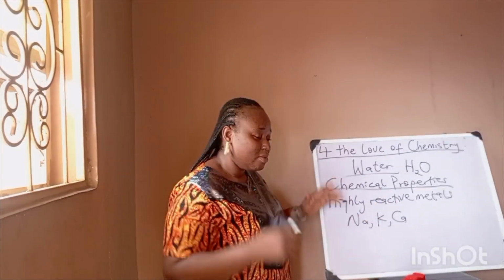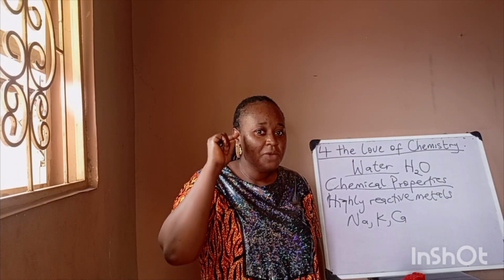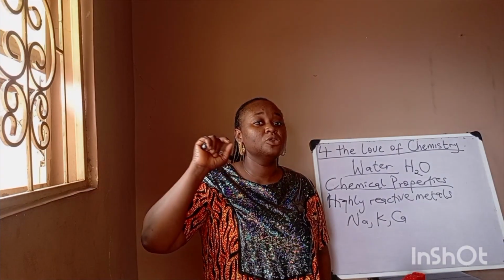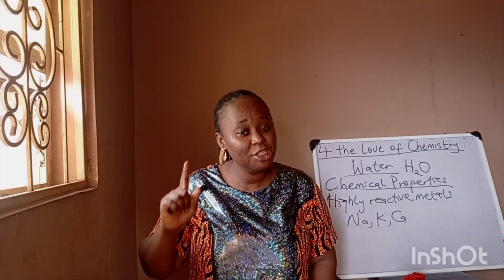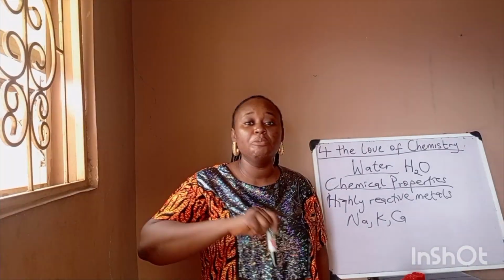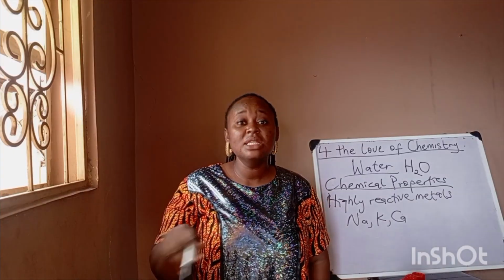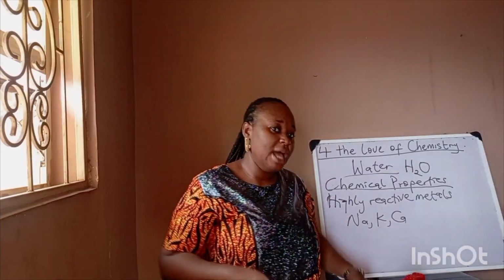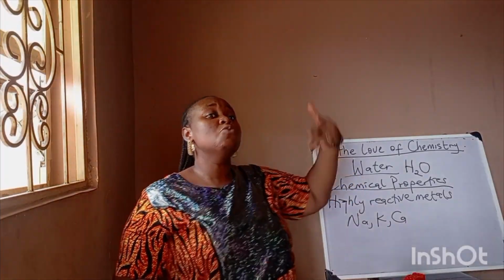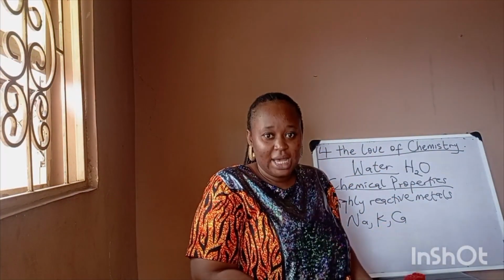Okay, so now I want to give you the trick. First, remember when I was talking about writing of equations, I said that the reactants and the products are the same elements in different combination. Now, if I am reacting with water, it means that one of the reactants is water.